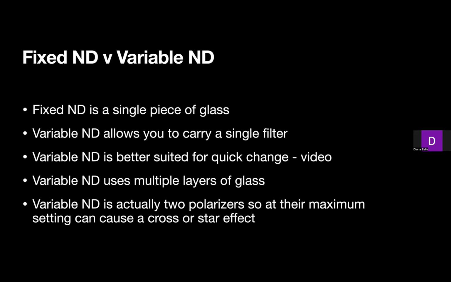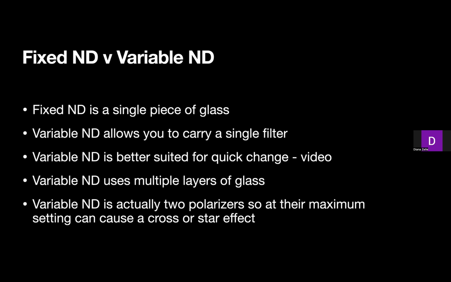But one of the drawbacks is that at their maximum, they can create an X, or like a star look in your pictures because of how light is working. So on a variable ND, what you need to know is that when you get to the maximum, you actually have to back it off some.